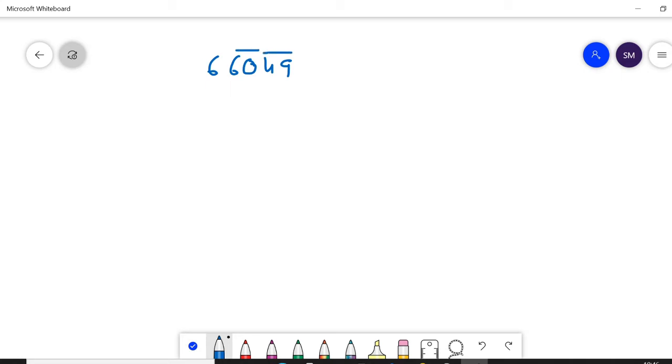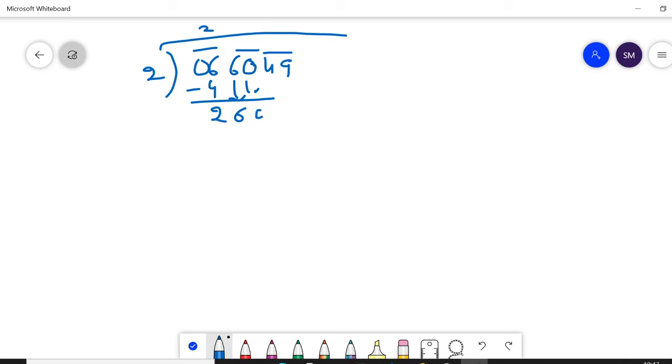Then think for the number 6. 2 twos are 4. 3 threes are 9, greater than 6? Yes. So 2 twos are 4. Then 2, then come down the pair 60, making 260.